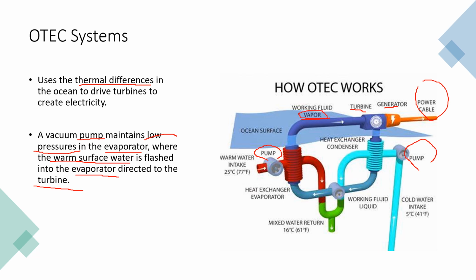That's your ocean surface, and here is my pump. This is your hot unit, and that's your cold unit to adjust the temperature. Your mixed water is going to return back into the ocean. Here is your outlet.